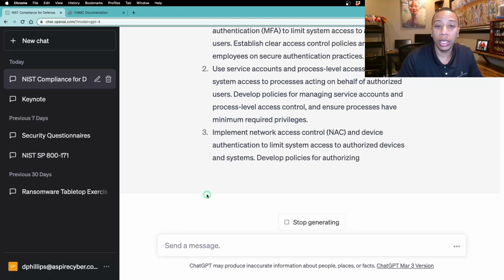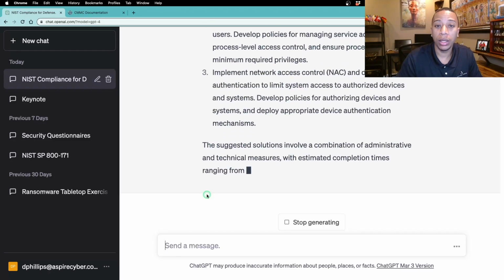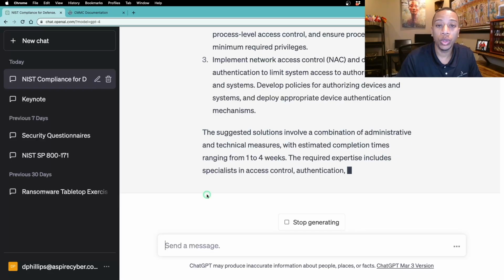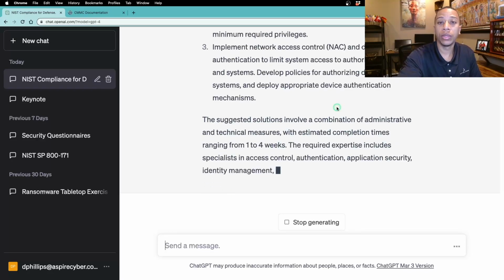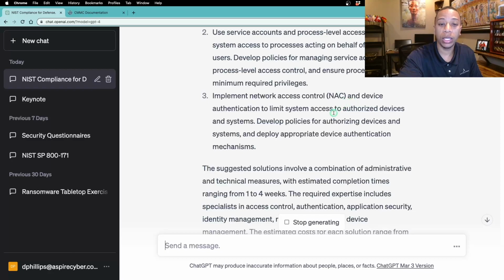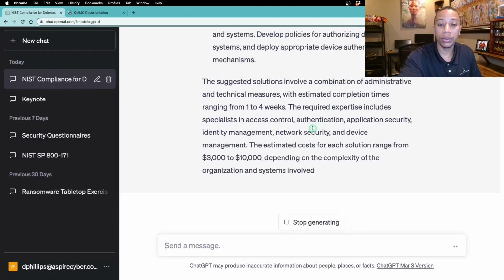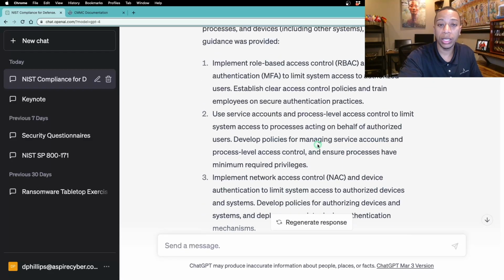We need to identify all our service accounts and assign them to authorized users. We need to make sure that we have a network access control device. And then it's giving us the estimated costs. That's pretty helpful. Again, this is just an estimate. Once you identify a solution you want to use, you need to contact those companies to get specific pricing.